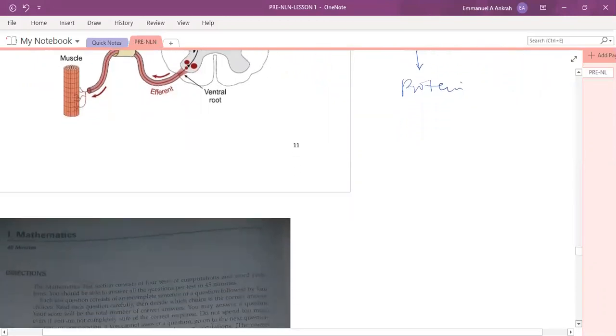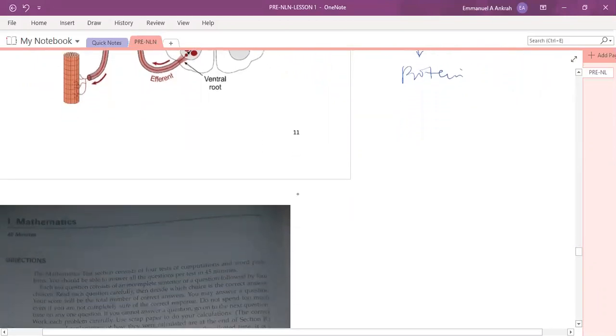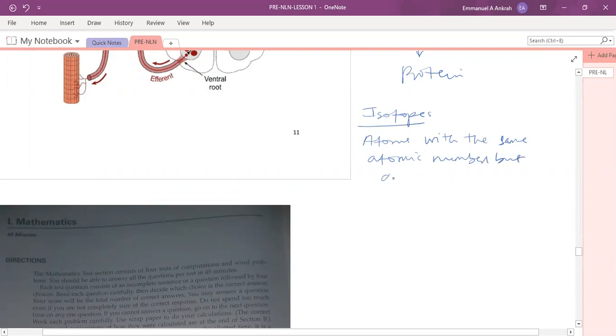So for those who have forgotten, let's write down a little something here. When I say isotope, they are atoms with the same atomic numbers, but the masses are different.